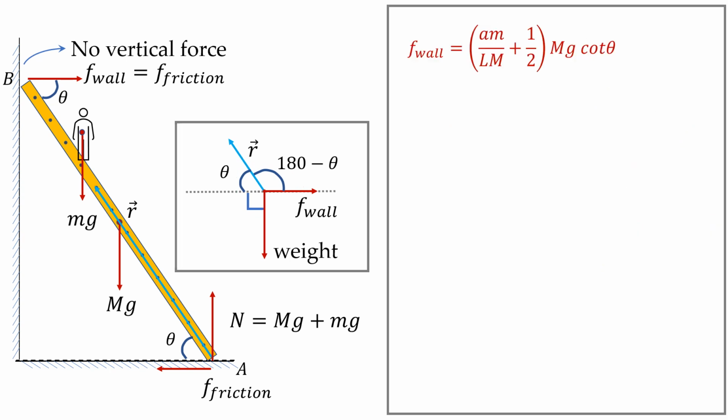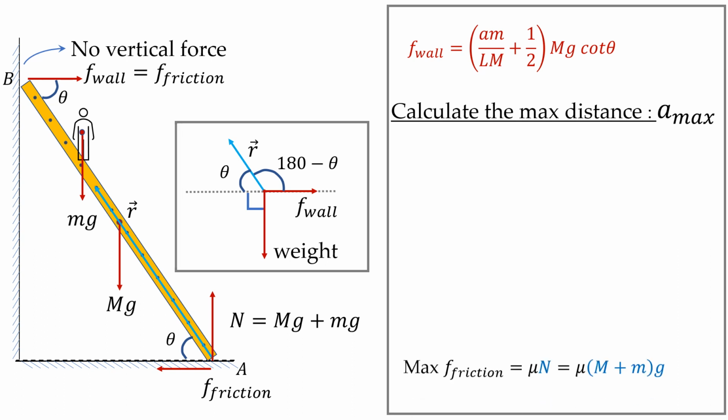In this slide, we rewrite the force of wall that we got previously. As you can note, the right hand side is all positive. So when A increases, which means the person climbs the ladder, the force on the wall increases. As noted earlier in the video, the force of wall is the same as the force of friction at the bottom of the ladder.